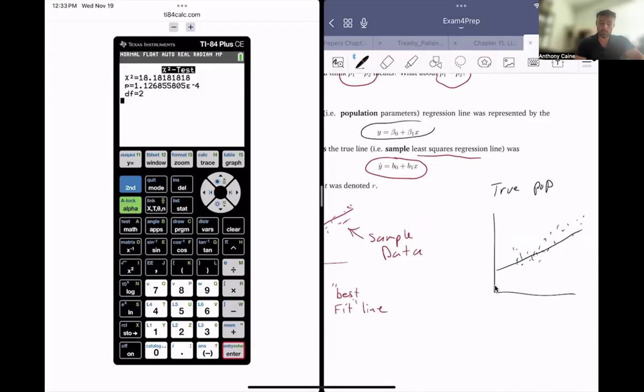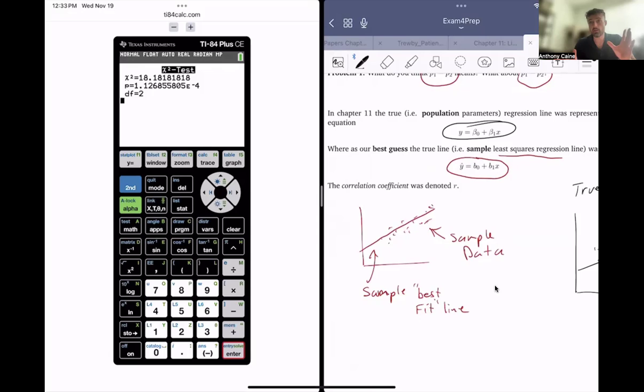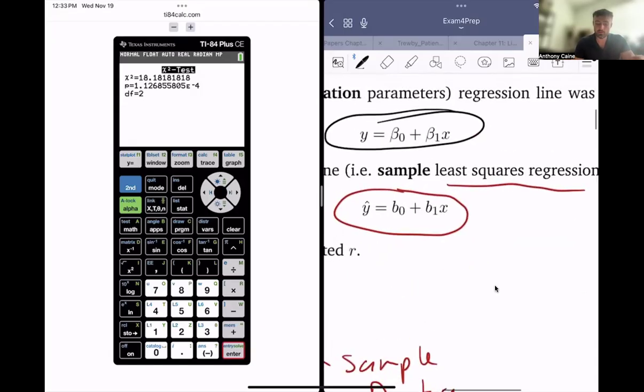But that's the difference between these two things. There's what line actually models the population versus what line models our sample. And then beyond that, use context clues. So this thing in front of X is the slope.